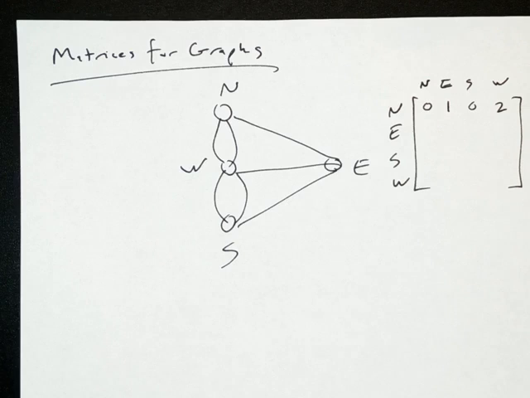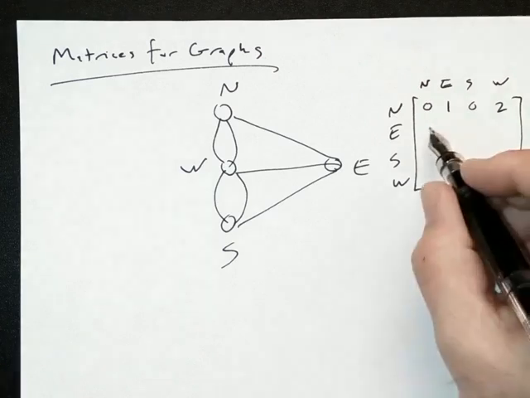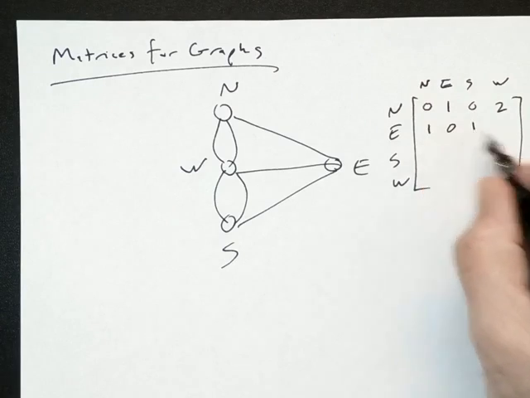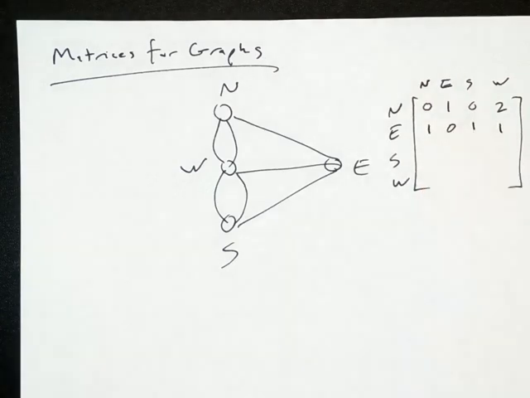East. East is connected to everything but itself, and with just 6 edges. Please note, this is an undirected graph. If north is connected to east, then east is connected to north.